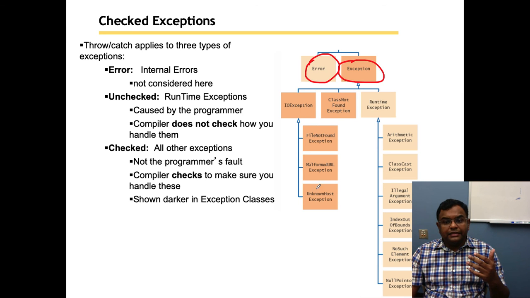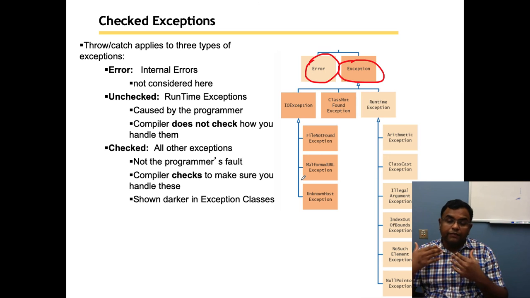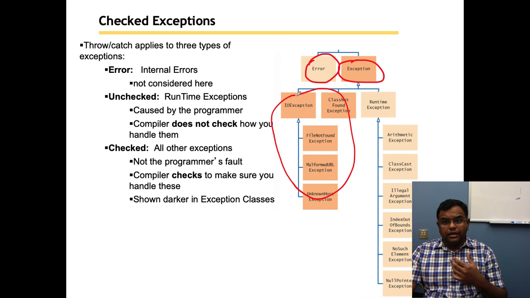Now for these exceptions, what you do is write it in the function definition. So if a function can throw any of these exceptions, then this should be written in the function definition. And when you are calling those functions or methods, you have to put a try catch block, or you can throw that exception in the main function.